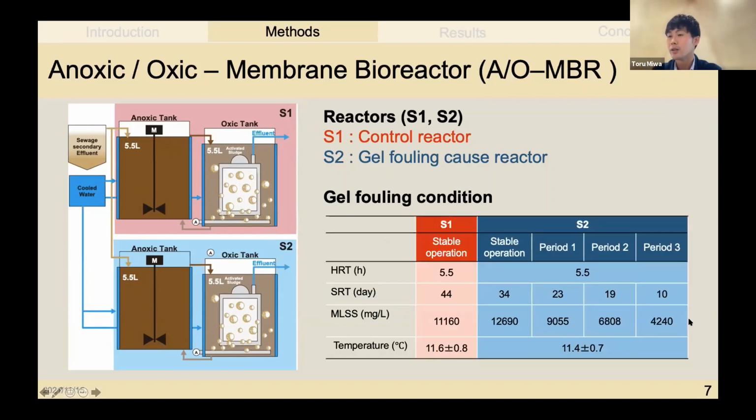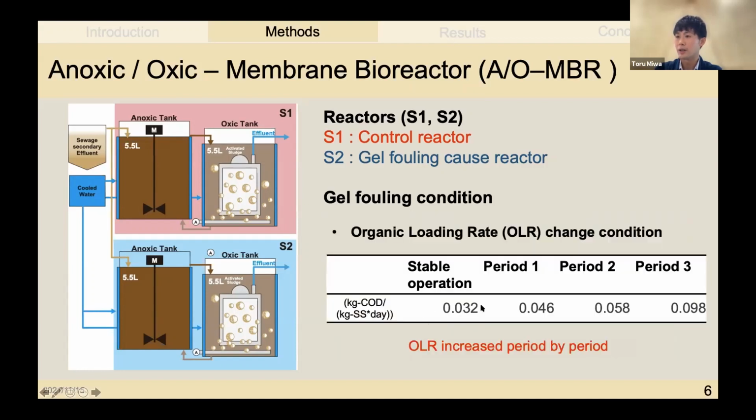And this is the detailed condition: HRT, SRT, MLSS, and temperature. The temperature is 11 degrees Celsius, so it is an MBR condition in winter, and the MLSS was around this value. We used real sewage influent, so we cannot control the OLR by changing the organic concentration in the influent.